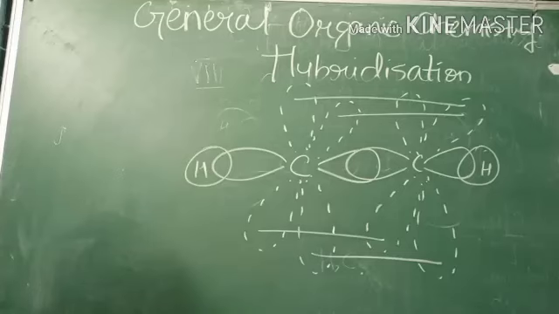We can see that the unhybridized orbitals form pi bonds and the hybrid orbitals form sigma bonds. So in this structure we can easily say that there are 2 pi bonds and 3 sigma bonds. And this is the structure of CH triple bond CH.